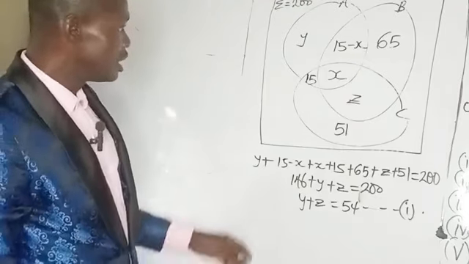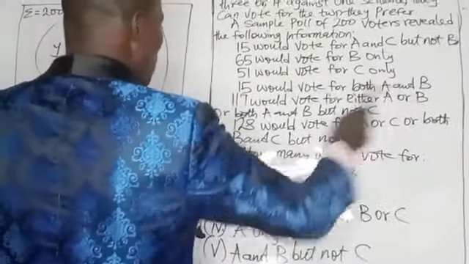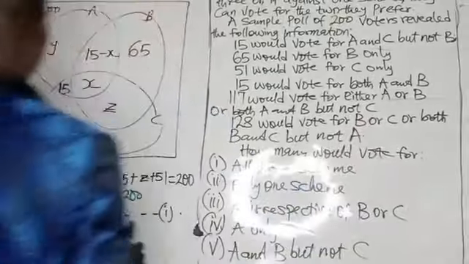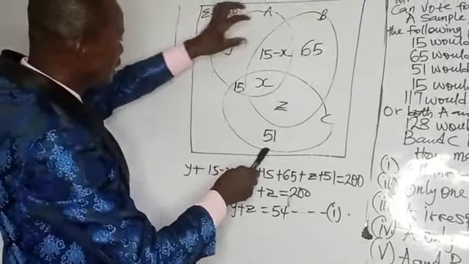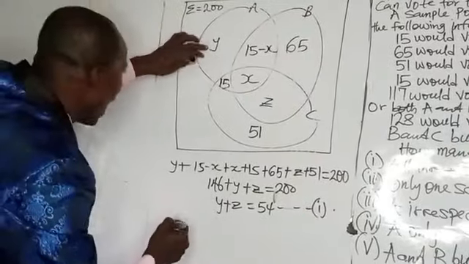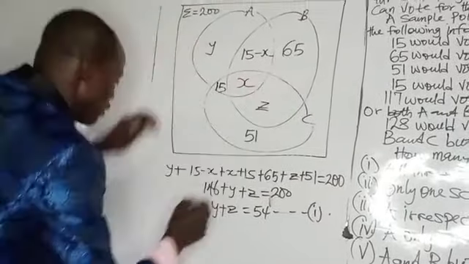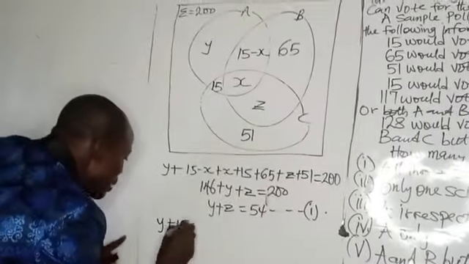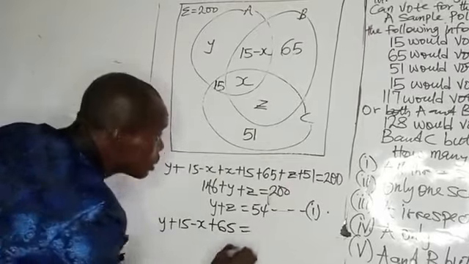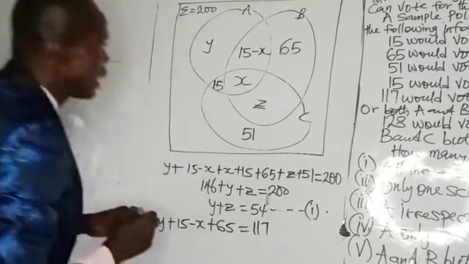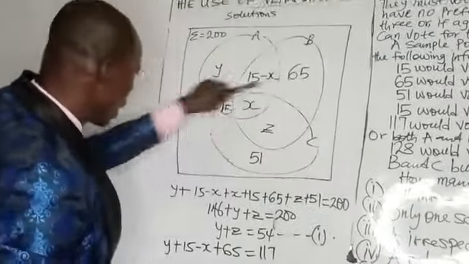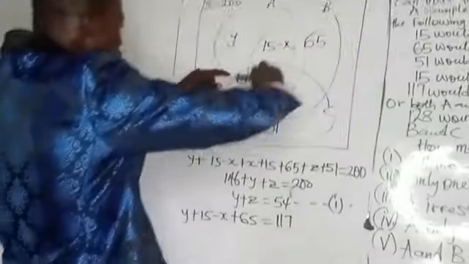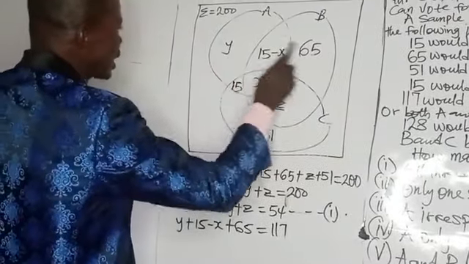Remember, you were told that 117 will vote for either A or B or both A and B, but not C. If you cut away C, the region involving C, you are left with this and this. So we have Y plus 15 minus X plus 65, and that totals 117.